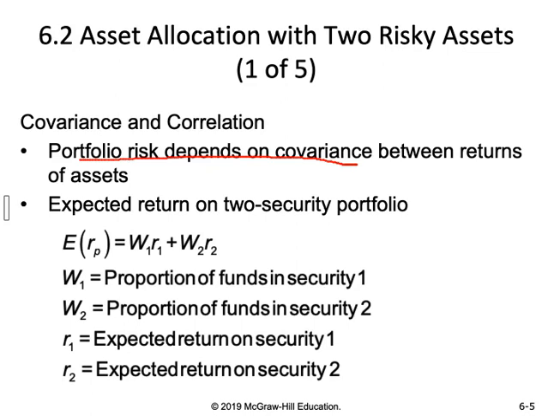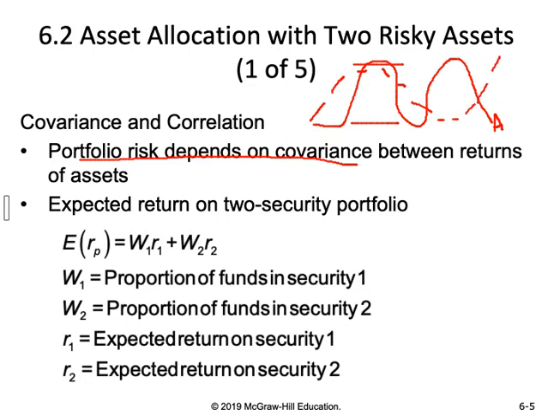So our ideal is that, let's say we've got security A that has this type of history of returns, higher returns here, lower returns here. If we found another security that had more of this sort of track record in returns over various economic scenarios, whether we're in a boom period or a bust period, we'll label that B, then they would have a very low covariance.